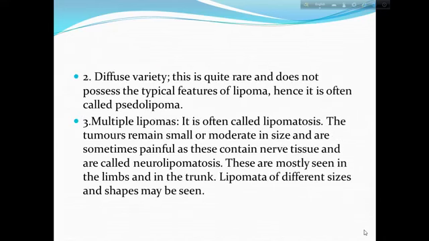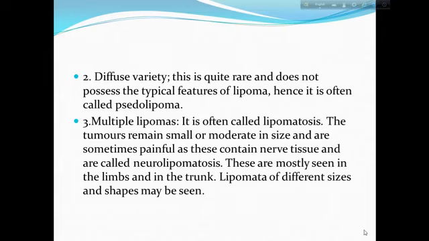Another variety, the diffuse variety. This is quite rare and does not possess the typical features of lipoma, hence it is often called pseudolipoma. Another, multiple lipoma, is often called lipomatosis. The tumors remain small or moderate in size and are sometimes painful as they contain nerve tissue, and this is called neurolipomatosis.